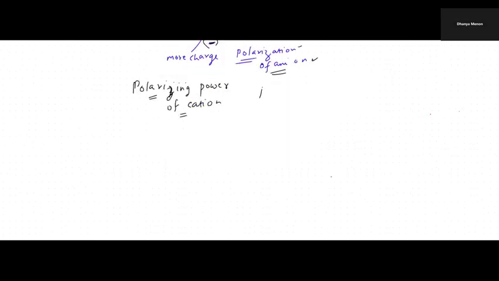So we said we cannot measure the percentages. We can just have a comparative analysis between two or three compounds. Okay. So the next topic is, how much covalent character comes into play?